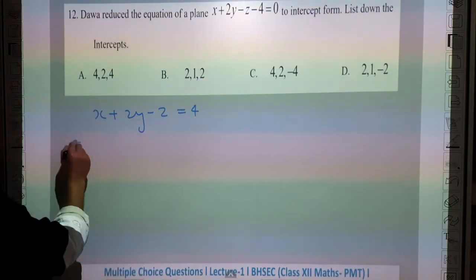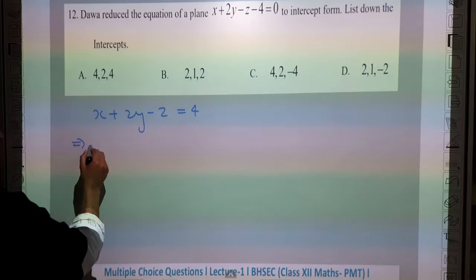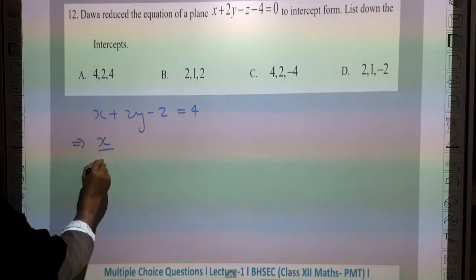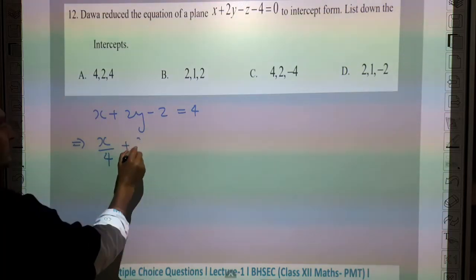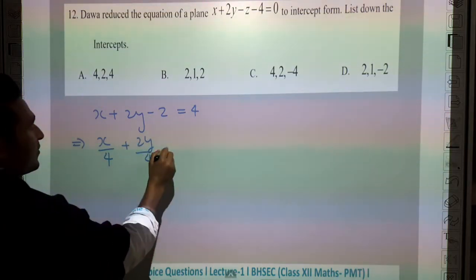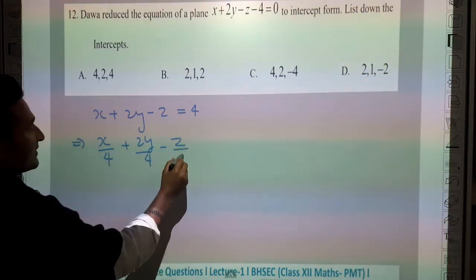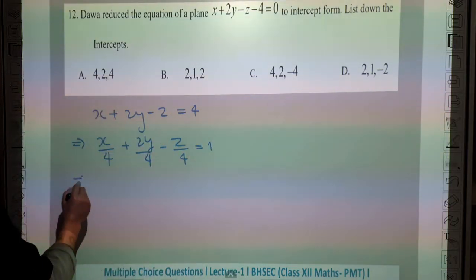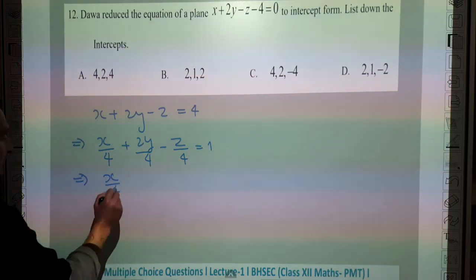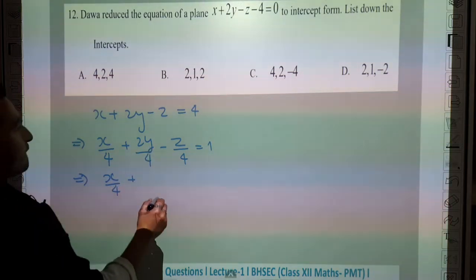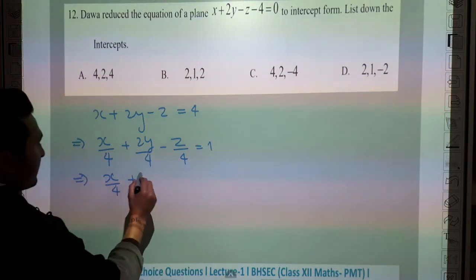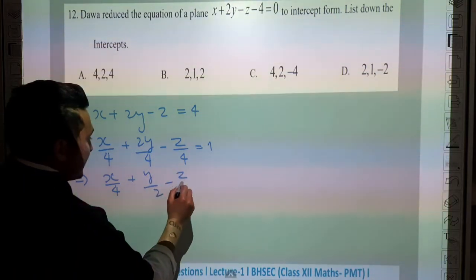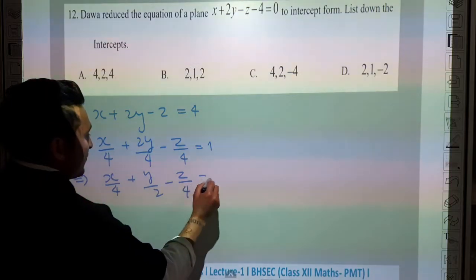If we divide this equation by 4, it is x divided by 4 plus 2y divided by 4 minus z divided by 4 is equal to 1. So this implies x divided by 4 plus y divided by 2 minus z divided by 4 is equal to 1.